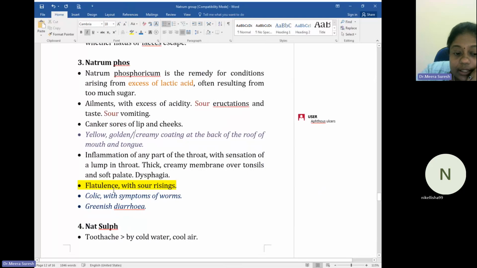Then there can be flatulence. In Natrum phos, because there is indigestion, these acidic symptoms, there will be flatulence, and colicky pain with symptoms of worms. And it will show that psycho-syphilitic nature with a greenish discharge.